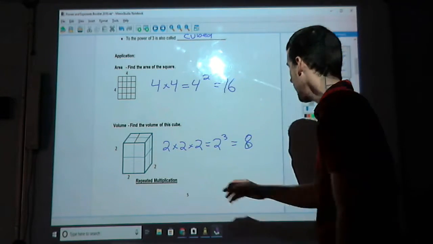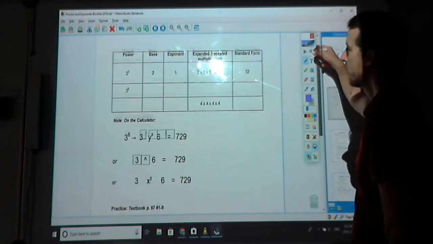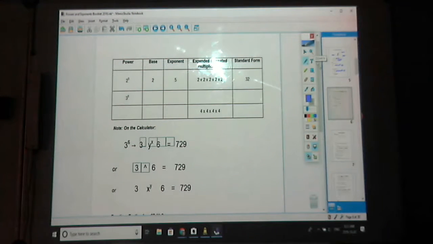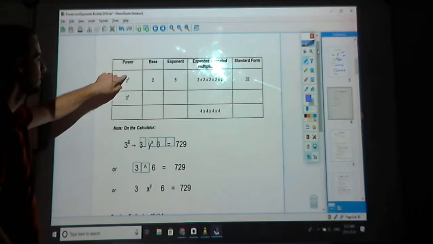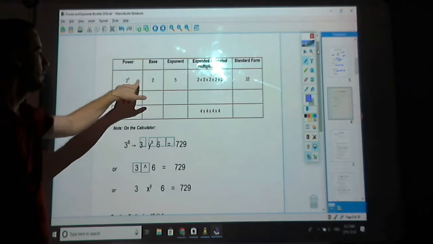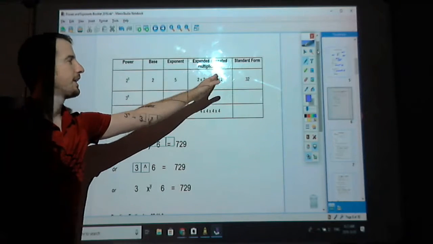All right. We're going to look at a bit of repeated multiplication and what that means. We can make some nice, easy tables to break down the components of all the different formats you can write things in. So we have a power. In this power, the base is 2, the exponent is 5, which means we have 2 times 2 5 times.